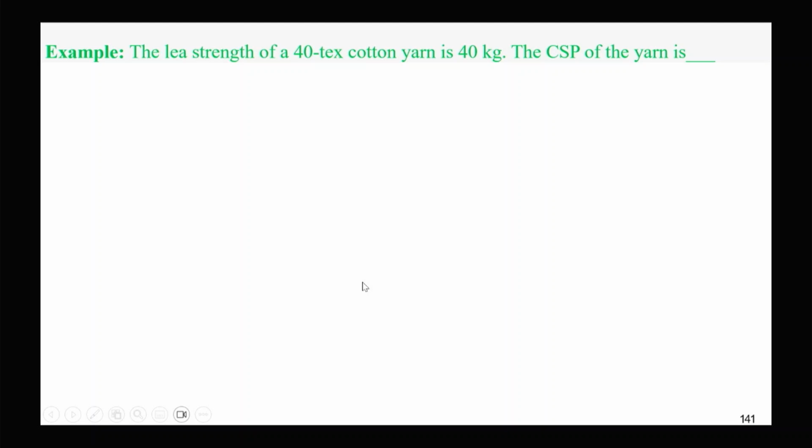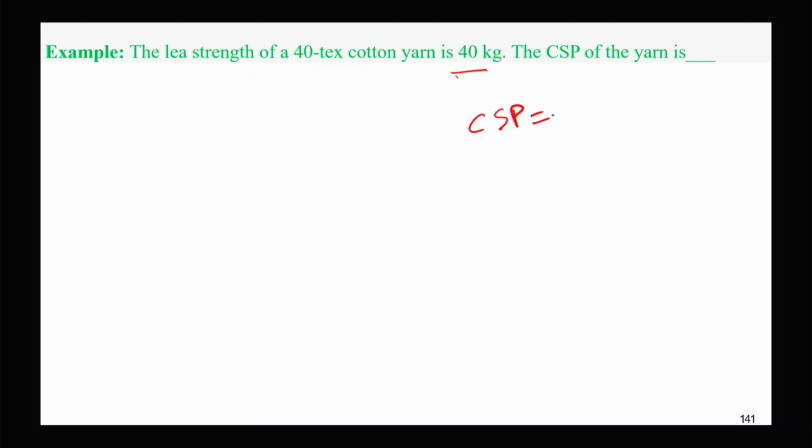Now the example is that the least strength of a 40 tex yarn is 40 kg. What is the CSP? So we have a 40 tex yarn, and we want to calculate the CSP.